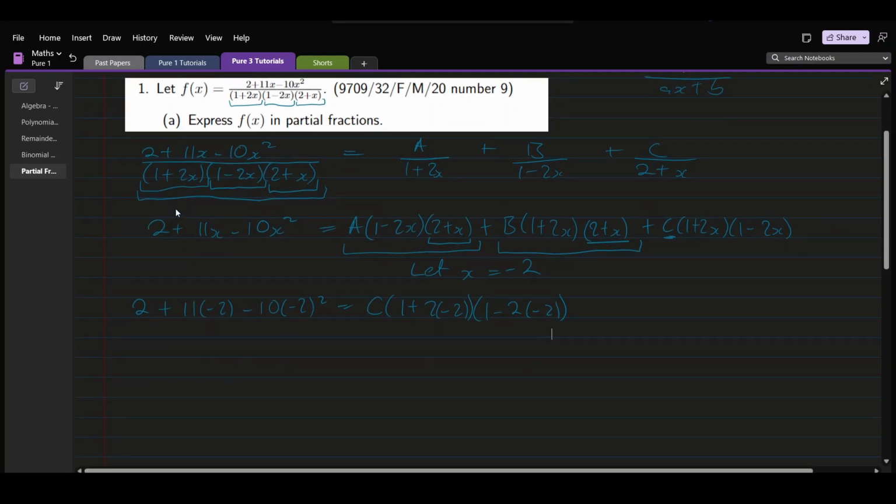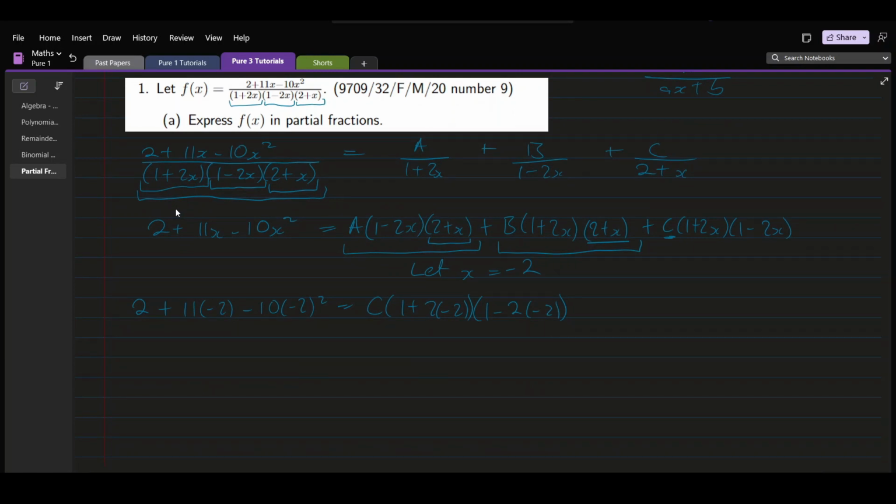That gives us -60, which is equal to, evaluating the brackets for C, (1 plus 2 times -2)(1 minus 2 times -2), which gives us -15C. Divide both sides by -15, and you get C is equal to 4.